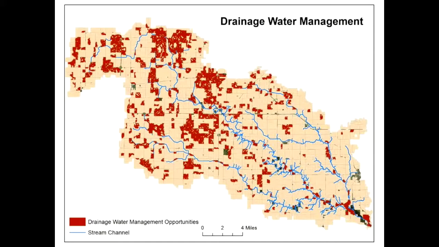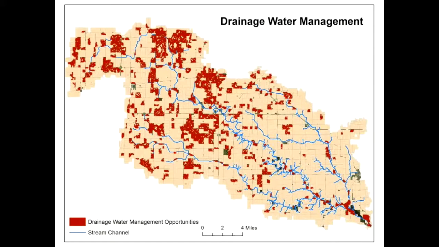This is a whole family of practices, the very flattest landscapes. You might be able to put in a single gate to control the water table elevation throughout that field. But as you increase the variability of those elevations, you might need multiple gates, and the engineering of these becomes a bit more complicated.